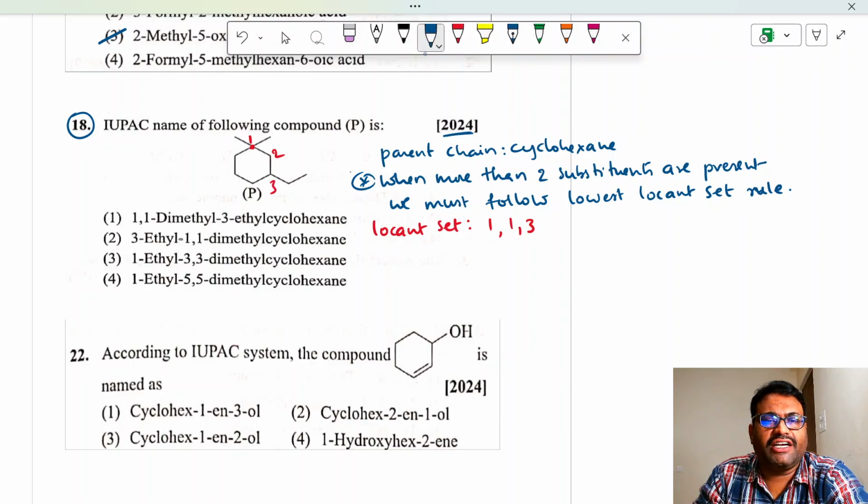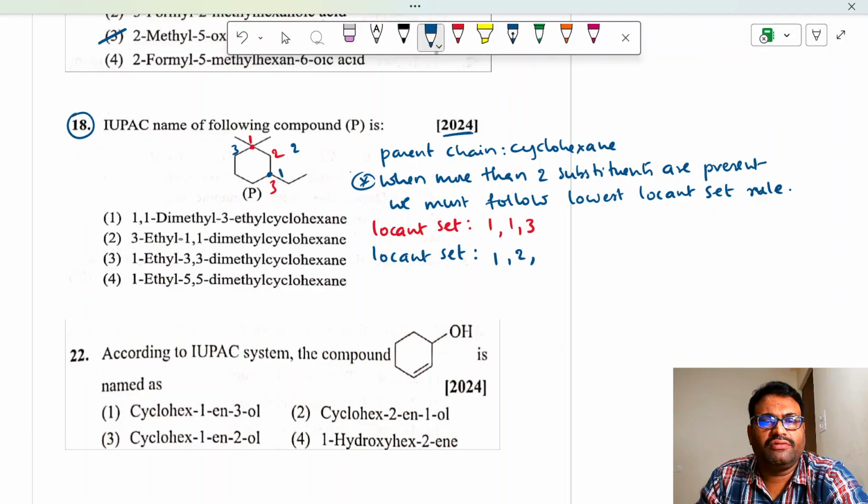Another locant set, let us see. So let us take it as 1, 2, 3. Another locant set. Locant set is 3, 2, see. What is that? 1. Here it is 1.